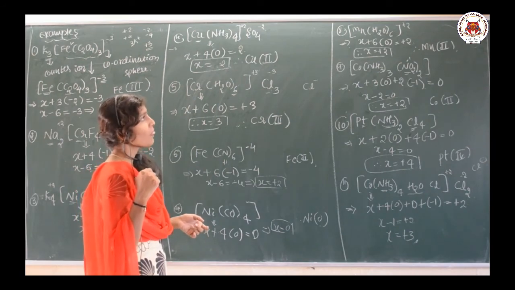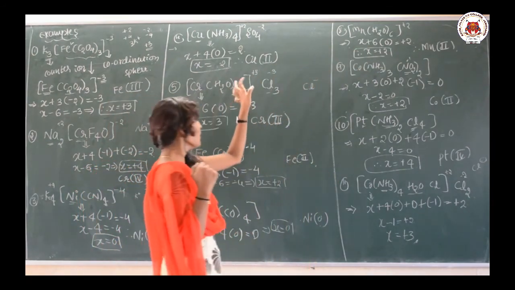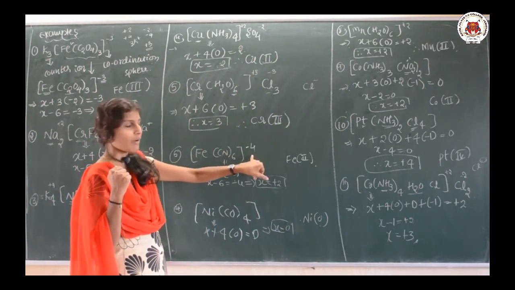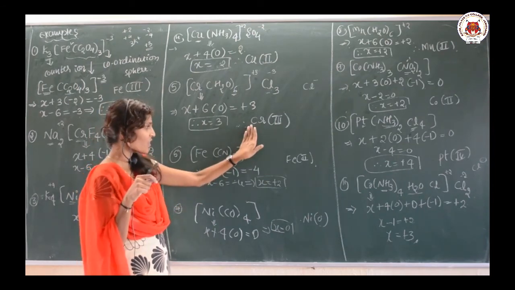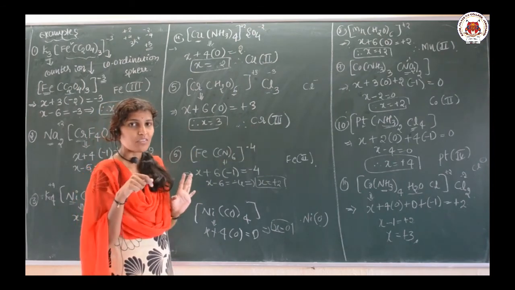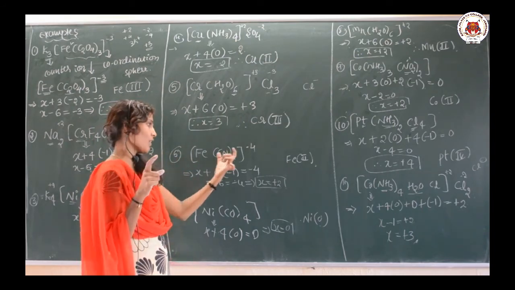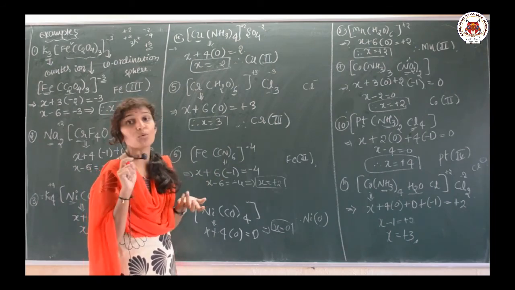These are said to be neutral, and sometimes they will directly give you the ion itself, like this +3 form or -4 form, they will mention. During that time, no problem. If this is not given, and the complex is given directly, then you must calculate the charge on the coordination sphere by the use of the counter ion.